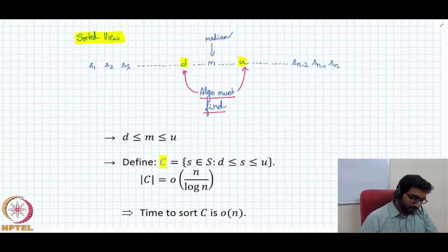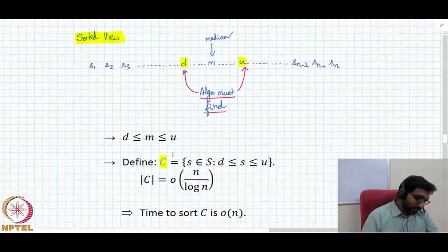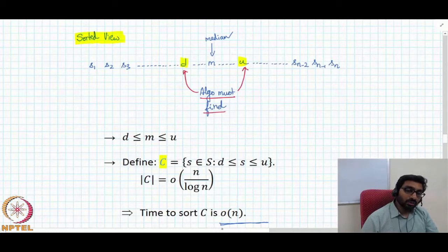So what do we mean by that? Let's define C to be the set of all elements in the array S that lie between D and U. And we want that set C to be small. In particular, we want it to be little o of n over log n.